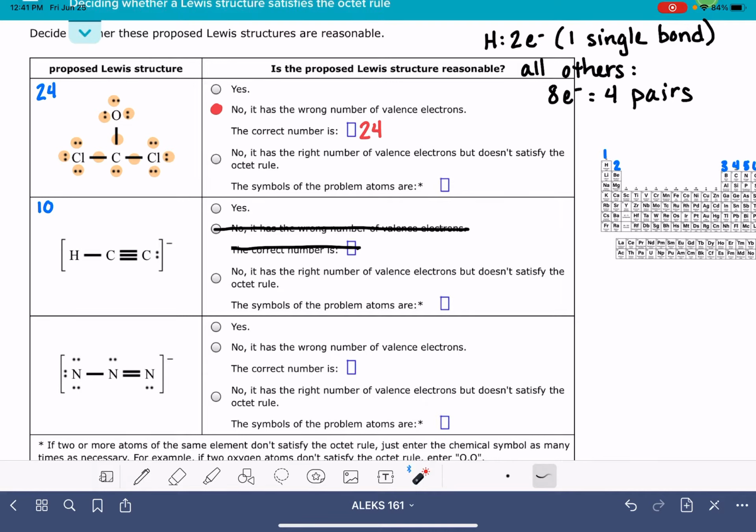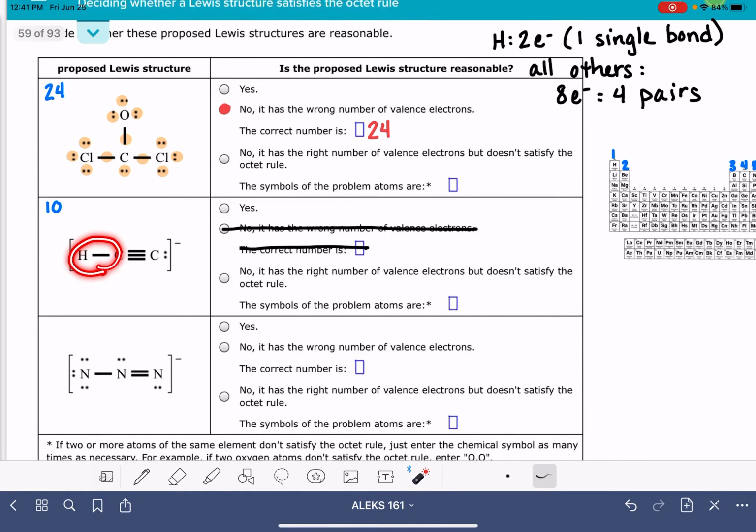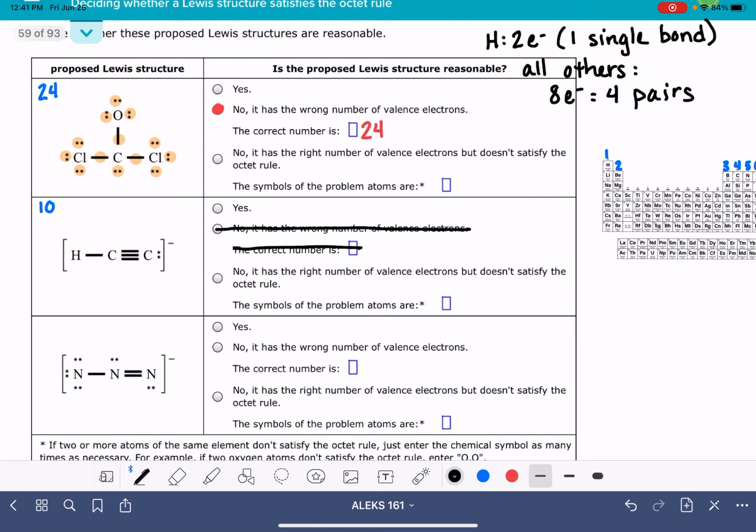So we're going to need to analyze these atoms one at a time. Our hydrogen in this structure has its 1 single bond, which it likes. So that means that this hydrogen is happy. Our carbon atom needs to have a total of 8 electrons, 2, 4, 6, 8. So that means this carbon atom is also happy. And then our last carbon atom in the molecule, it has 2, 4, 6, 8.